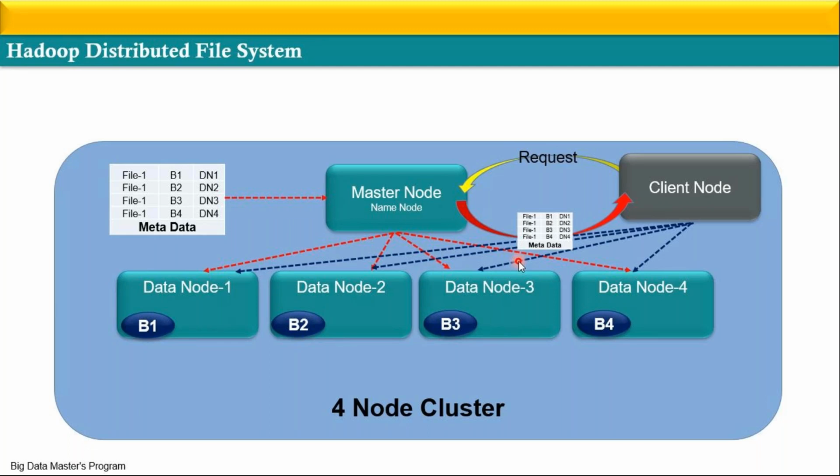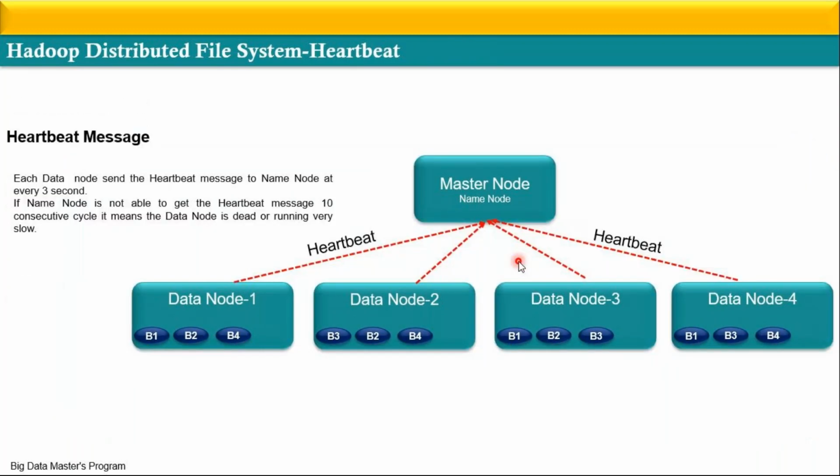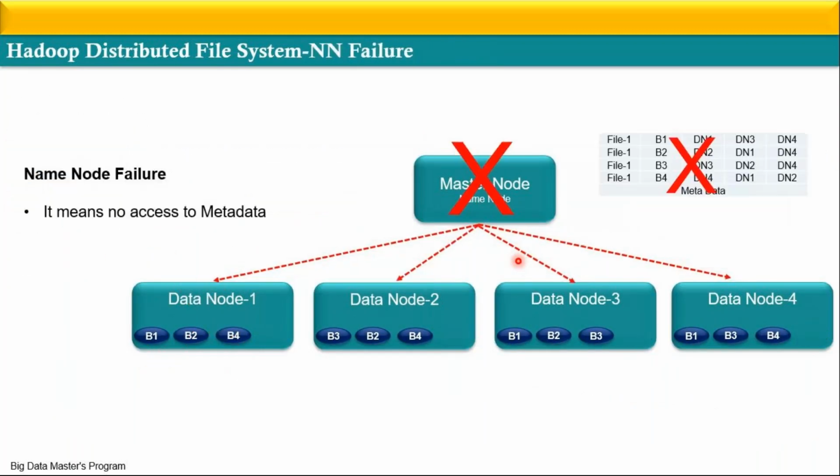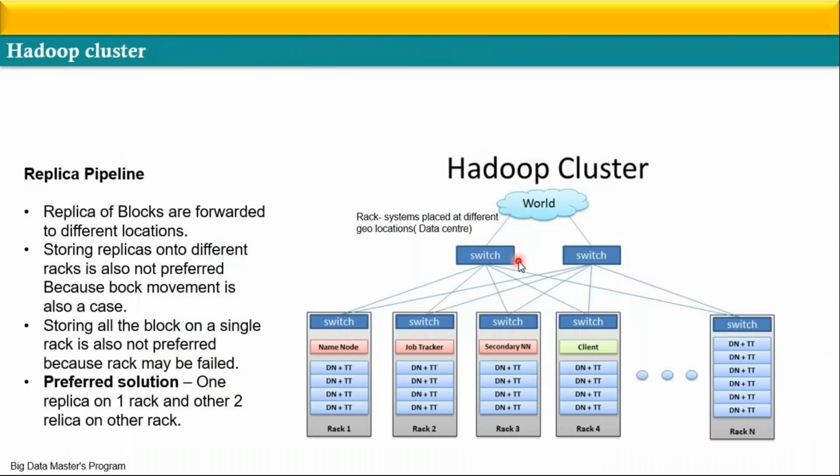Right, okay, so let me first walk you through this particular concept. Over here, the replica pipeline. So what is mentioned over here? The data nodes are nothing but different servers that we are having.